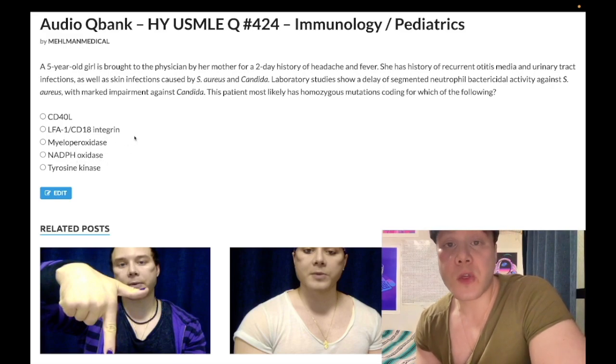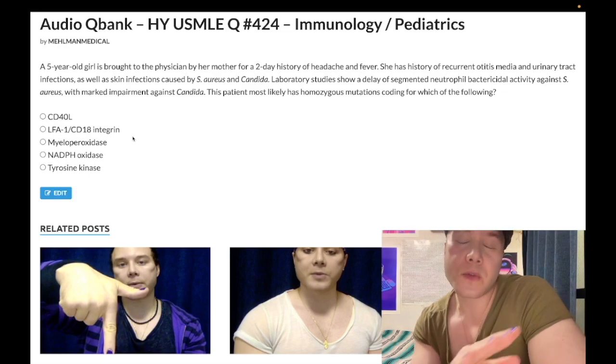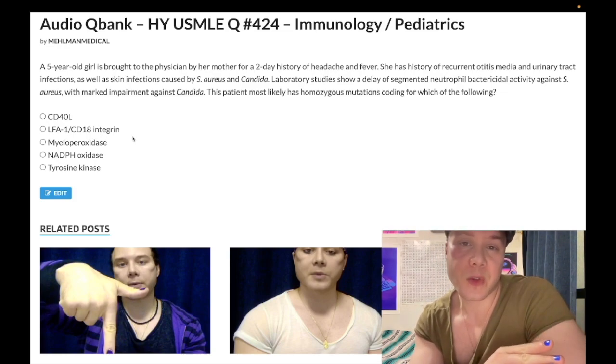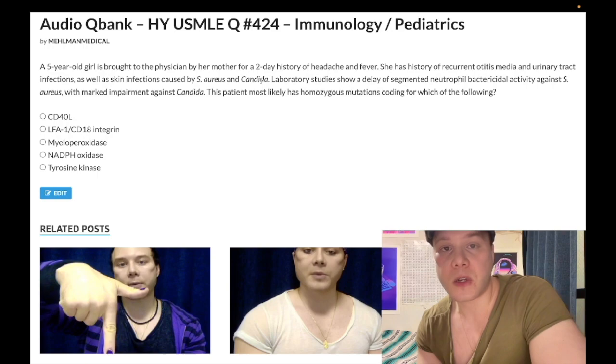Then you need to know the presentation. Usually patients are asymptomatic, okay? That's high yield, but the presentation, classically a combo of Staph aureus and Candida, all right? Now, it's not that the condition is limited to these organisms, it's just a buzzy combination, Staph aureus and Candida, and it's autosomal recessive, okay?